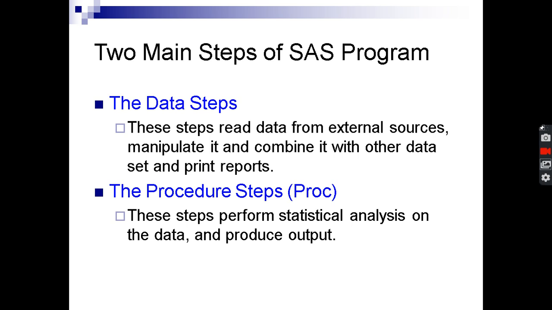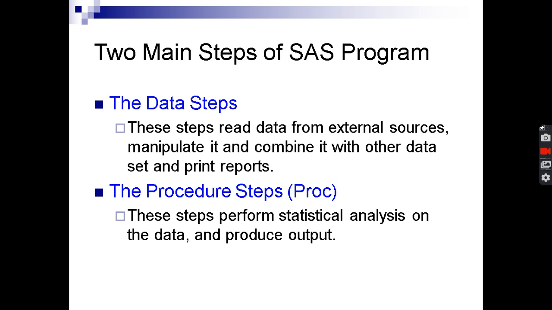In data steps, you are dealing only with the data. You don't do modeling in these data steps. You manipulate your data and prepare the data set for the analysis in the procedure step.